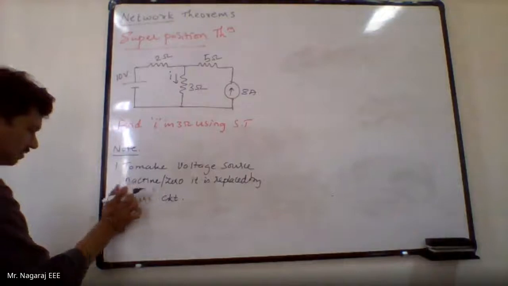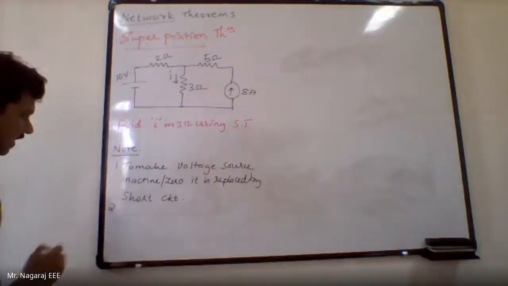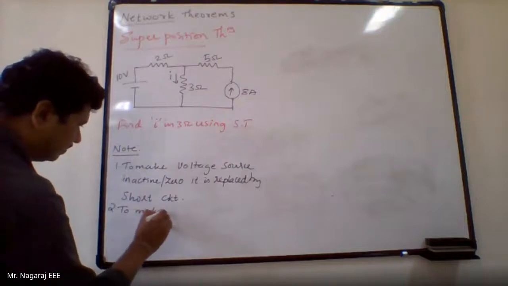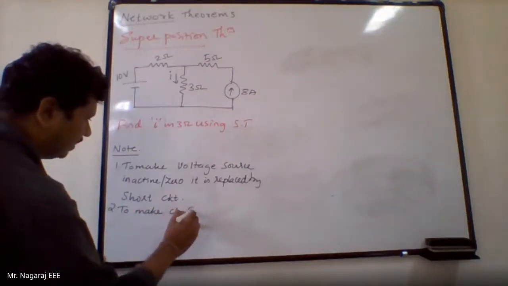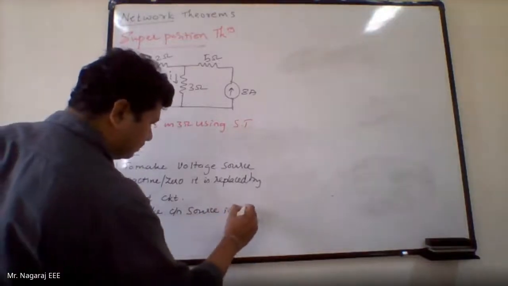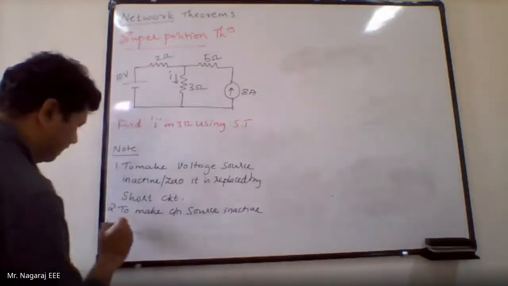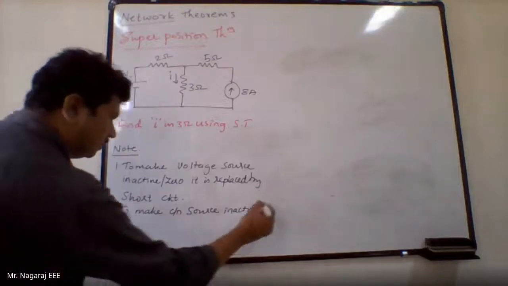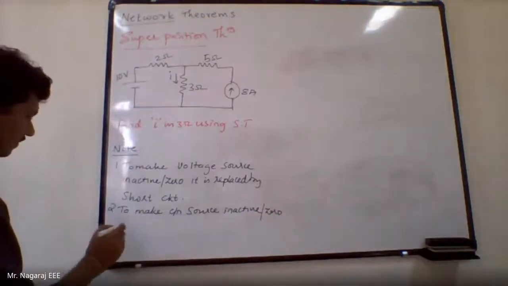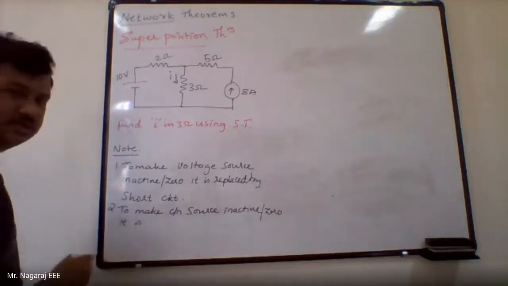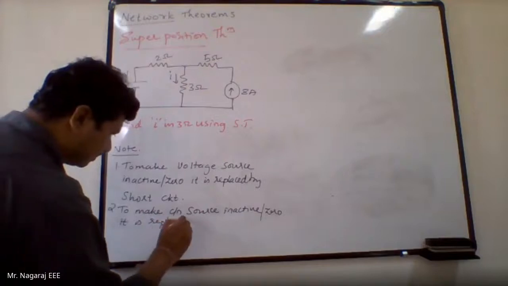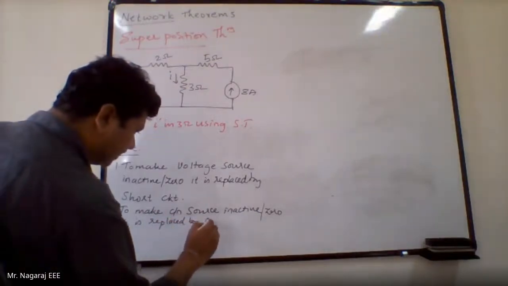Simple. That is the principle. Second, to make a current source inactive, that is zero, it is replaced by an open circuit.